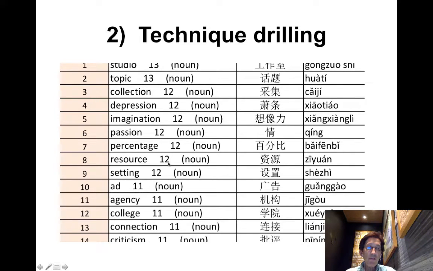Okay, go to the next page and number 12. Colleague. Yes. Okay, number 1. Literal description.